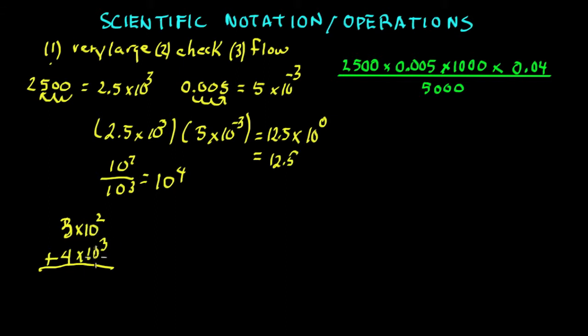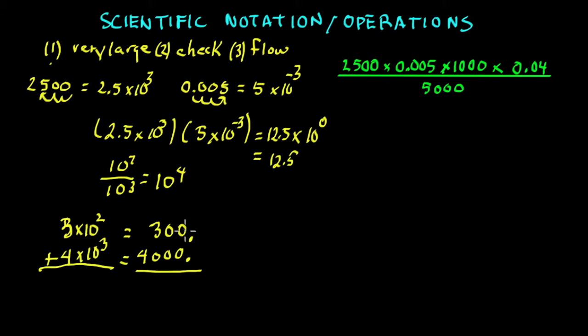But you have to watch the powers of 10, because they set the place. They set where the decimal point is. And I'm going to prove that by showing you there's no 7 there, by simply translating these back into standard notation. 10 to the 2 is 100, so this becomes 300. And we're adding 10 to the 3, which is 1,000 times 4. We're adding 4,000.